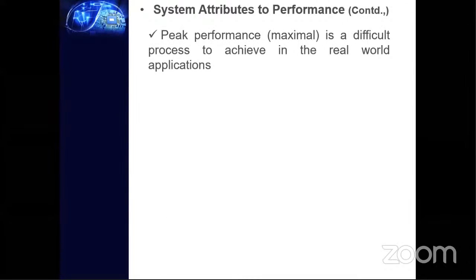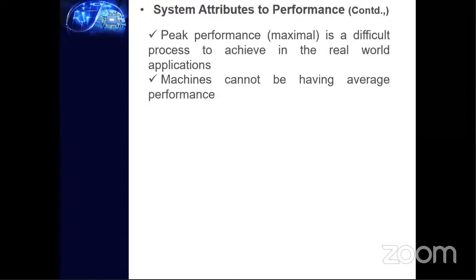So at last we have seen the peak performance, which means maximal performance. We cannot expect the peak performance, that means the ideal performance, in practice. It's very difficult to achieve. Even to a certain extent, machines will not have the average performance either. So we are assessing the performance at one extent.